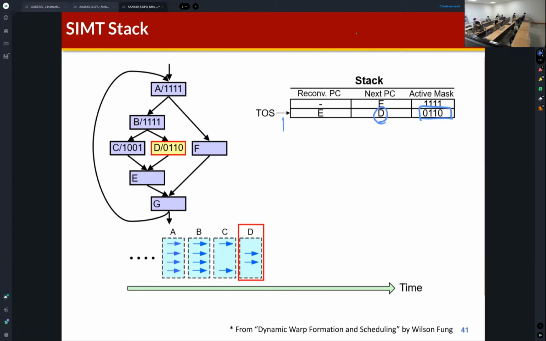So C executes two threads, and D executes the other two threads like this.